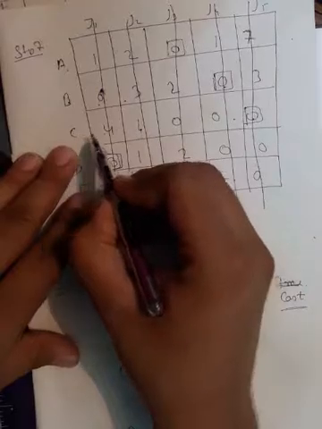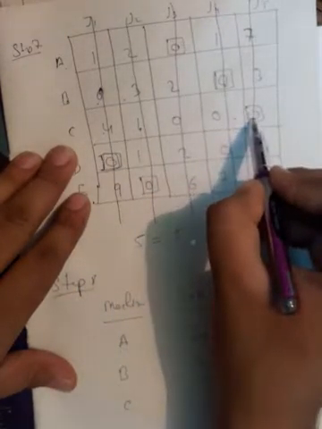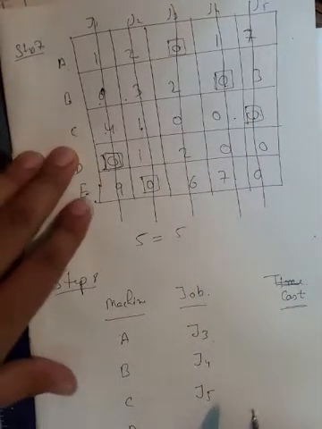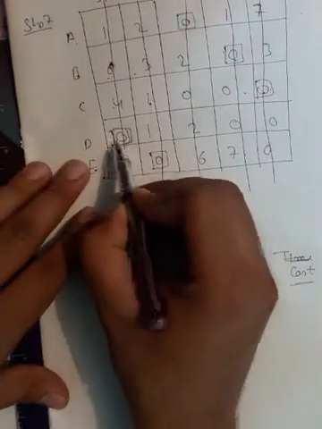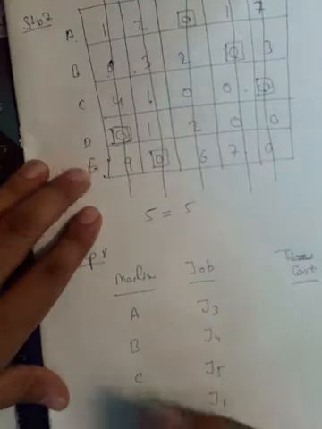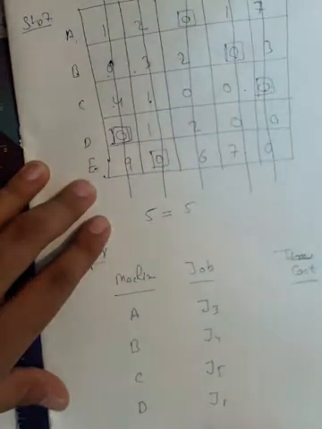For C, I got the allocated cell in J5, so write J5. For D I got the allocated cell in job 1. For E I got the allocated cell in job 2.